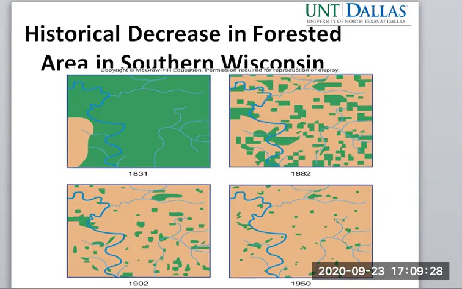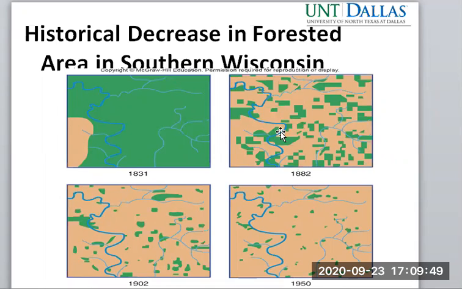Here in these pictures, you can see how the wooded area of Cadiz Township in southern Wisconsin decreased during European settlement. The green areas represent the amount of land in forest each year. In 1831, you can see everything was green. In 1882, it has decreased.